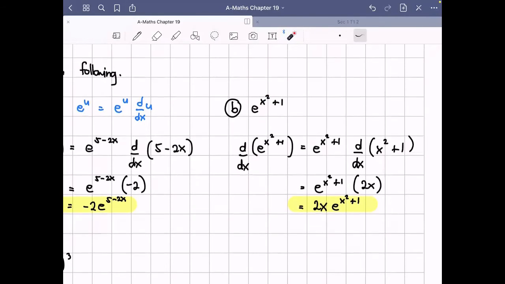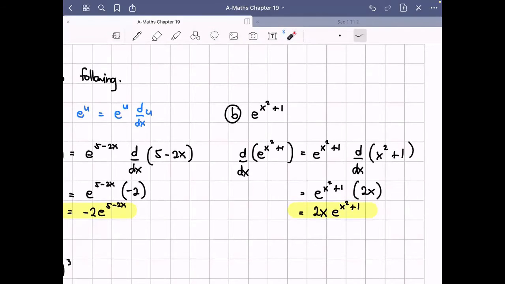Now, if you're confused, there's another way of doing this, but I will explain that again later. Let me finish this one. Again, the derivative of e raised to x squared plus 1 is equal to the same thing again, e raised to x squared plus 1, and then you need to get the derivative of your exponent, which is x squared plus 1.